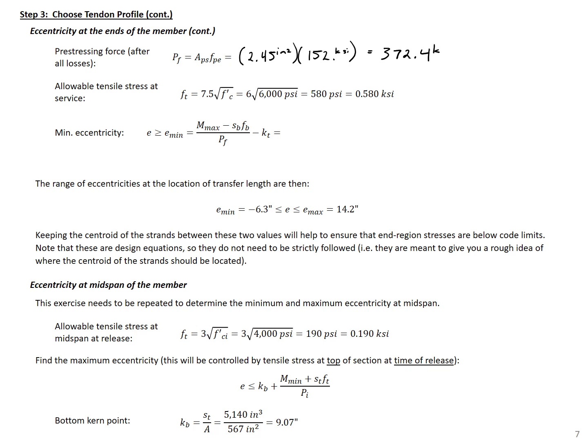We can then plug all of our values in. Our tension limit at service, which we're using for this kern point analysis, is 7.5 times the square root of f'c. So we can see that here.